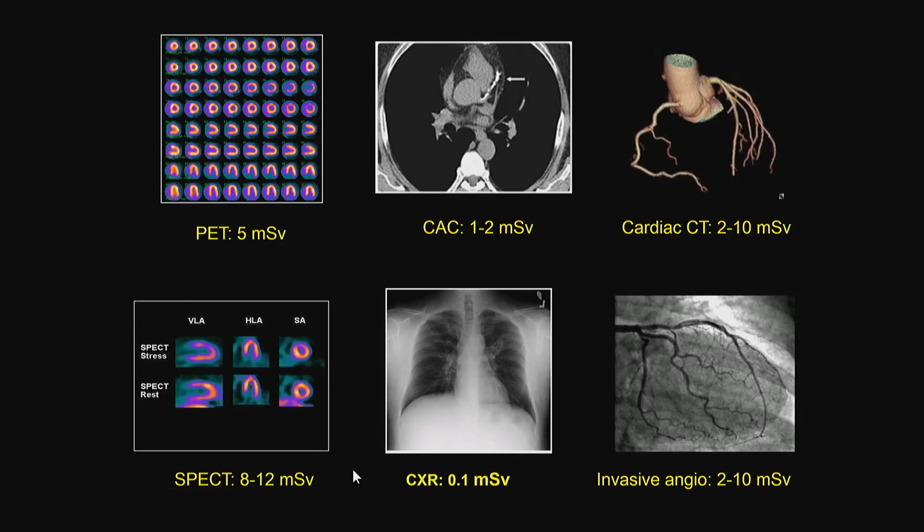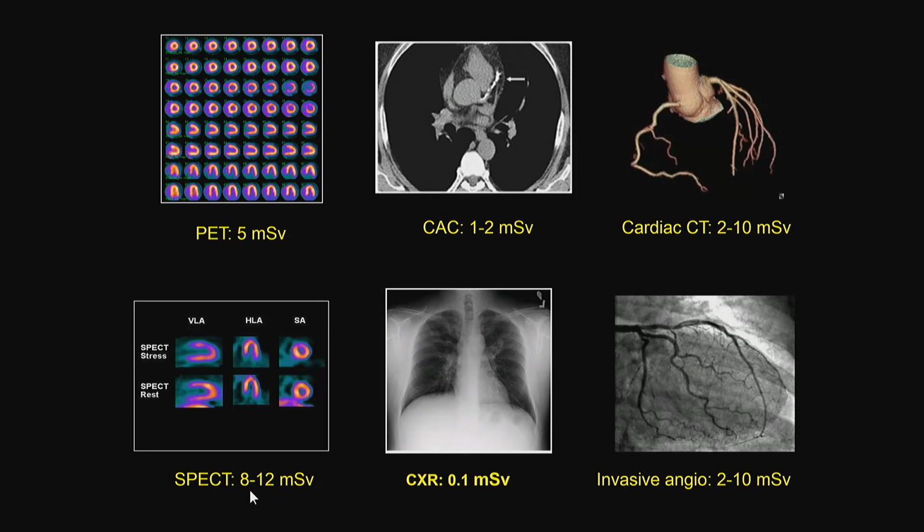So if we are going to compare various cardiovascular imaging tests, among the nuclear tests, PET has the lowest radiation dose, both for ammonia and rubidium, around 5 millisieverts. Calcium score is 1 to 2 millisieverts. A full cardiac CT or coronary CTA can range anywhere between 2 to 10 millisieverts.